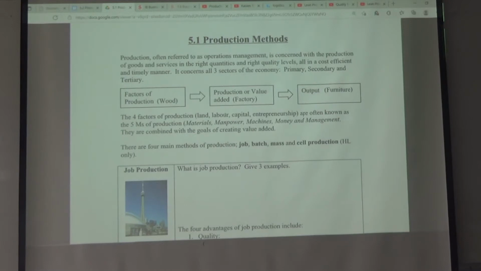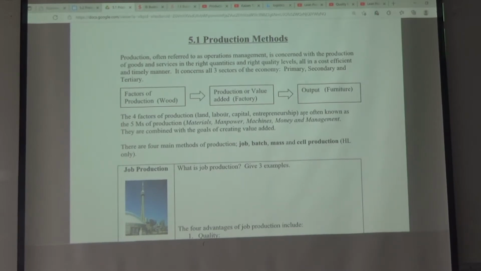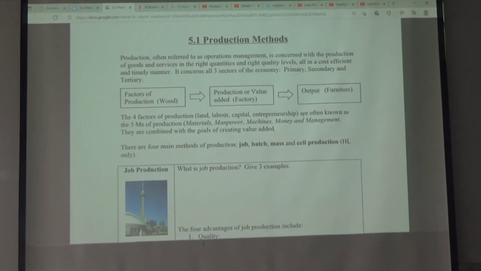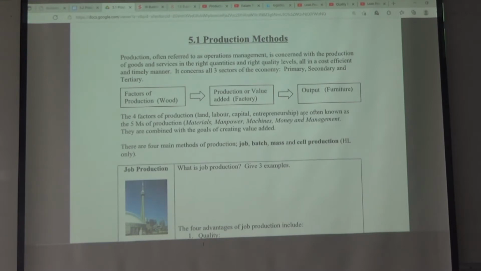I think if I asked you on a test, you would tell me, of course, that they are job, batch, and either flow or mass production. These are different levels of labor versus capital being employed, right? Machines.